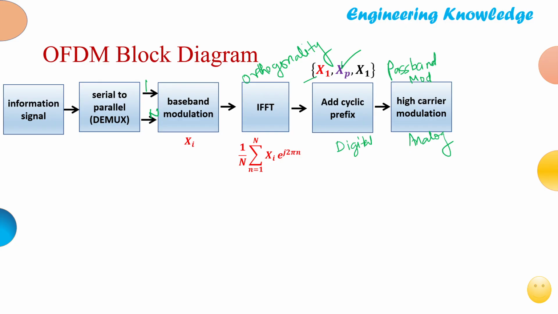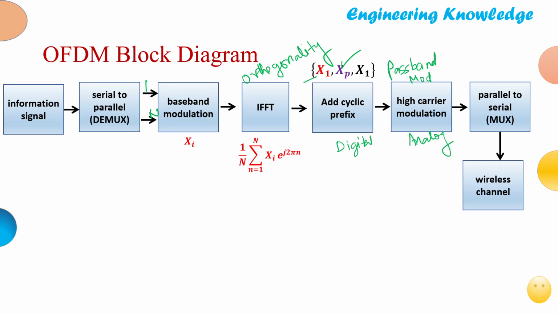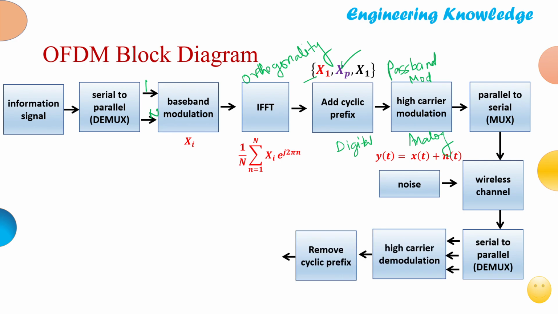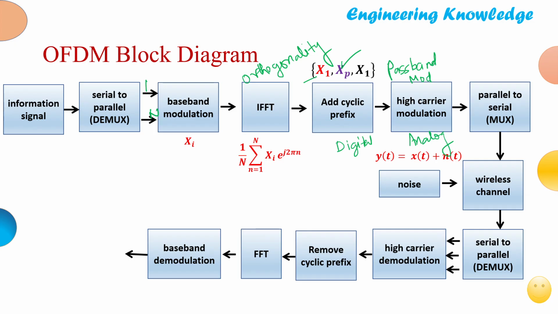By performing a high carrier frequency modulation, any high carrier frequency. Then we'll perform parallel to serial conversion, and the wireless channel; then noise will be added. This will be the received signal. Then we'll perform serial to parallel and again high carrier demodulation. We will remove the cyclic prefix, perform FFT, then the baseband demodulation, and parallel to serial. So this is our OFDM transmission.